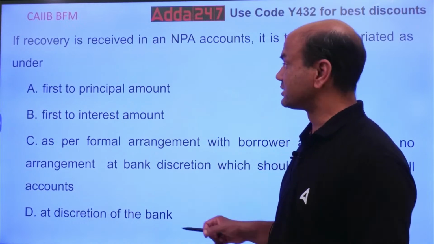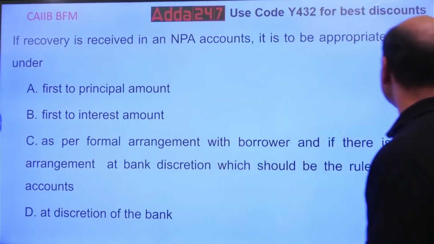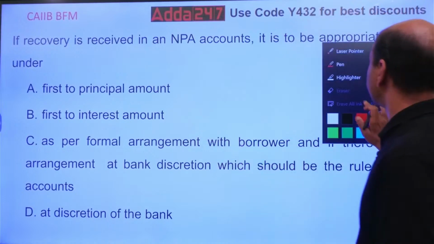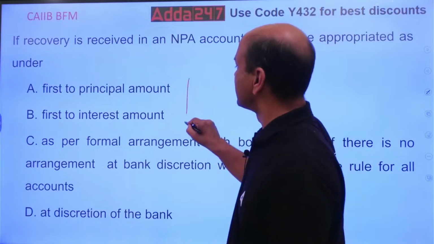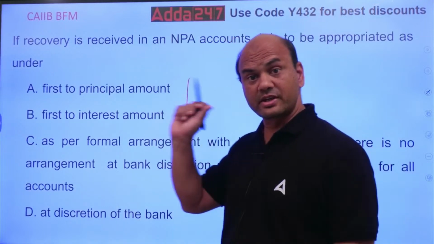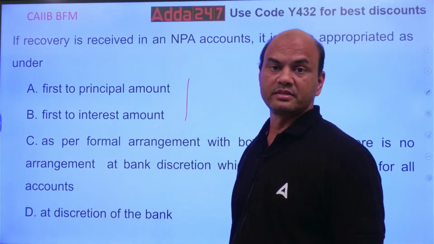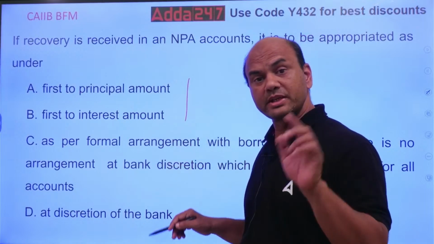If recovery is received in an NPA account, how will you manage this? Many of us will think in this direction. Either to principal; somebody will say interest first, interest is the income, so first interest. Somebody will say no, principal is main.